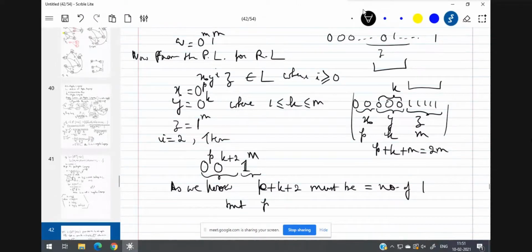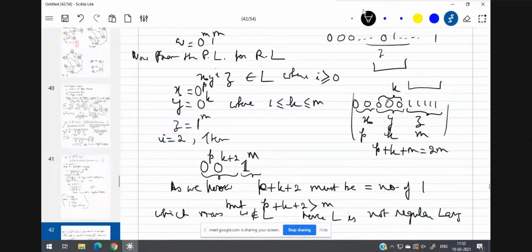But p plus k plus 2 is greater than m, which means W does not belong to L. Hence, L is not a regular language.